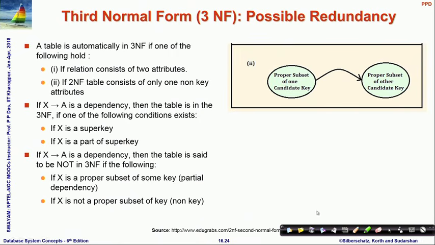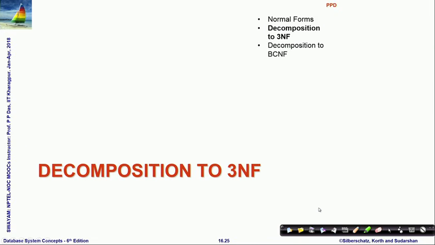So, we have seen the different normal forms. First normal form, no multi-valued attribute, then the second normal form, no partial dependency, then the third normal form, where you do not have any transitive dependency. All these are cascading definitions.